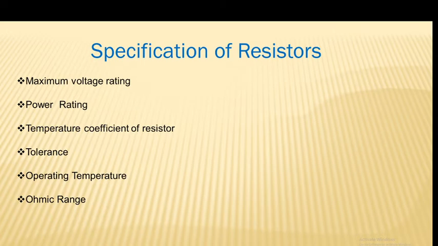Ohmic range. Ohmic range is the range of values from minimum to maximum resistance value that can be manufactured, and hence the ohmic range for the resistor varies from ohm to several mega ohms.